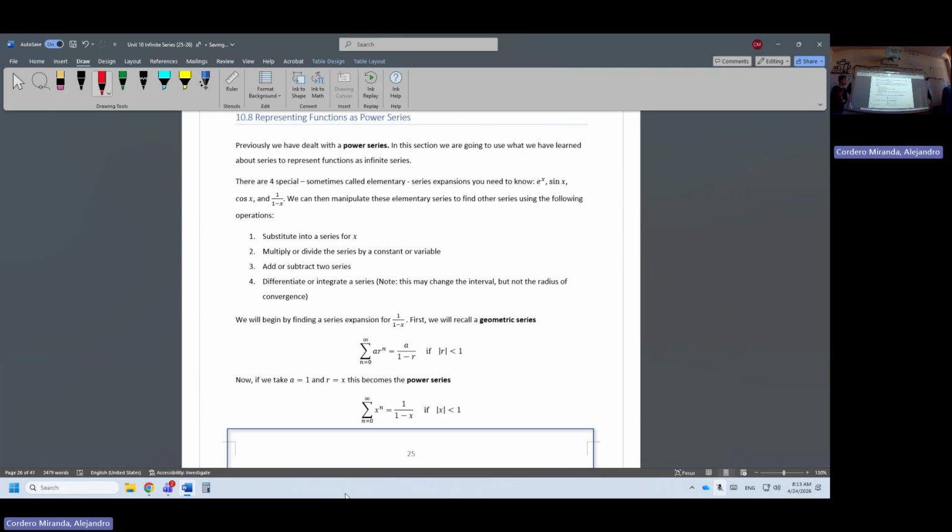I don't think I want to read you all this because this is easier to explain once we're in a problem. But one of the most important ones is this one with geometric series. This was maybe on the very first page of this whole packet, where we said that if you have a geometric series, then we know for sure that it converges to this, where A is the first term.